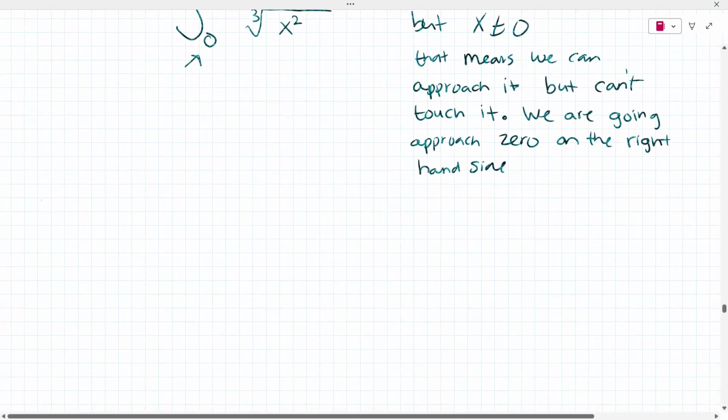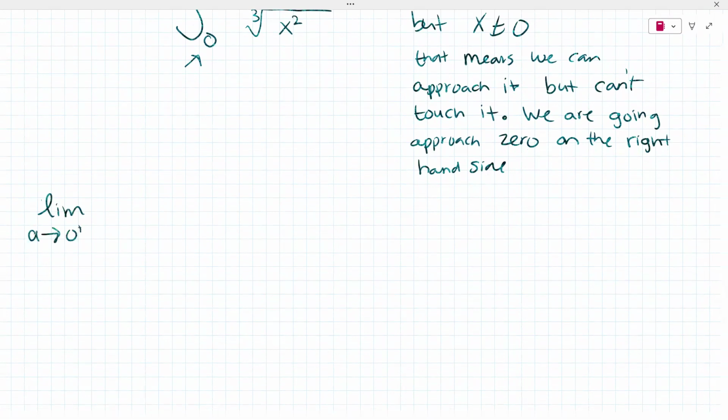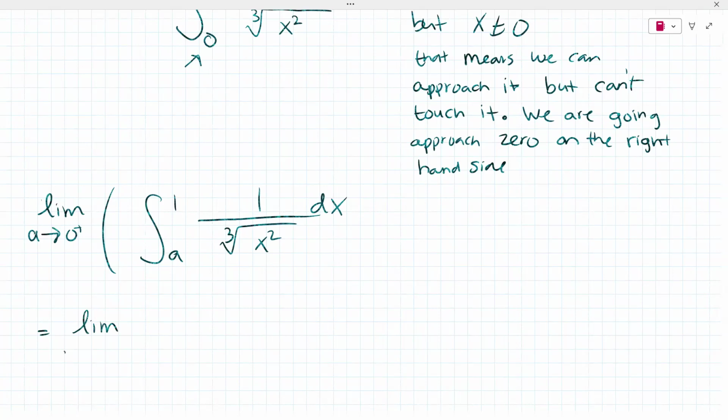Okay, so we're going to say the limit as a approaches 0 to the right from the integral from a to 1 of 1 over the cube root of x squared dx. And then we're going to rewrite it as the limit as a approaches 0 to the right.